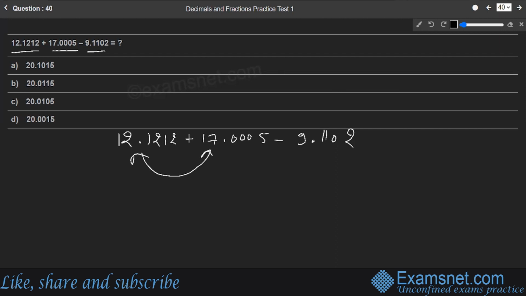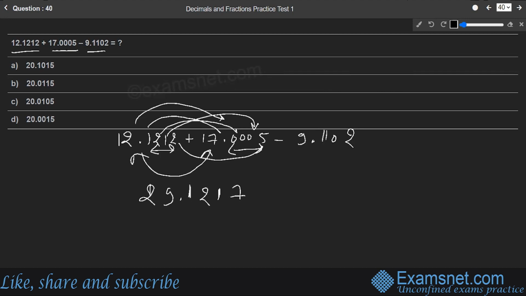If you add 12.1212 and 17.0005, both of them have got four digits, so we can add easily. 12 plus 17 is equal to 29. Then 1 added with 0 is clearly 1, 2 added with 0 is clearly 2, 1 added with the third 0 is clearly 1, and 5 plus 2, 7 is the fourth one. Minus 9.1102.